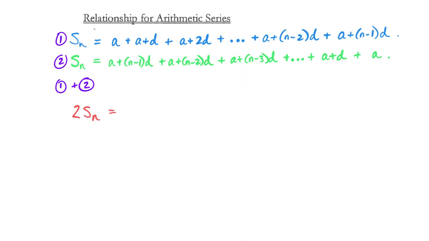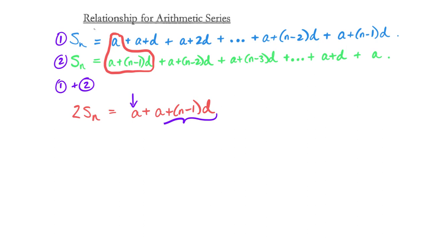I'm going to do a little bit of rough work. When I go to add the first term of the first series with the first term of the second series, which in flipped order is the last term of the first series, I'm going to get a plus (n minus 1)d. There is me taking the first and adding the other first.